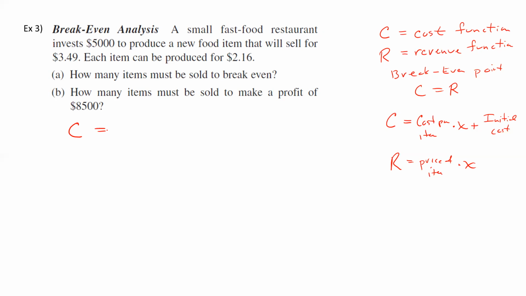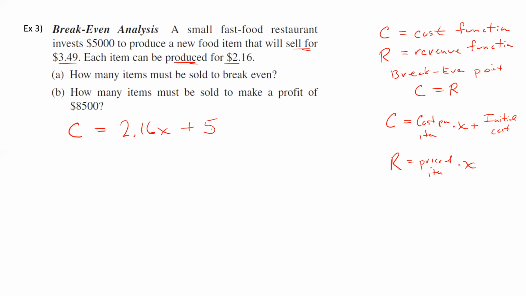So we're just creating that equation now? Yeah. Then it would be 3.49x minus 2.16. Let's see. So cost function. In order to produce it, we're going to be selling it for this much. So that would be part of our revenue function. Right. So how about 2.16x?